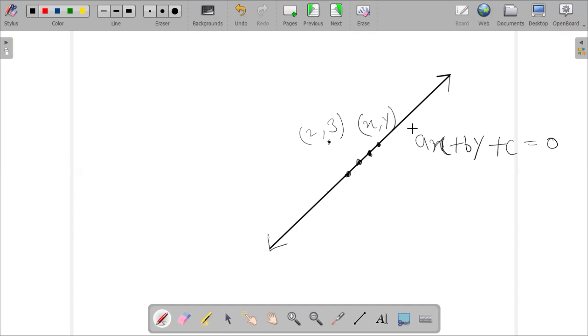These points are sitting on this line. That's why these points are solutions of my equation. So remember that a linear equation in two variables has a graph of a straight line, and a straight line always has infinite solutions. So that's all about it.